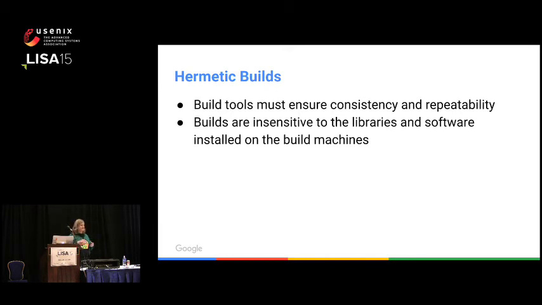So our builds are insensitive. It doesn't matter what versions of compilers and libraries and so forth are installed on your machine. We have build machines that do the builds, and the build requests go to these build machines.